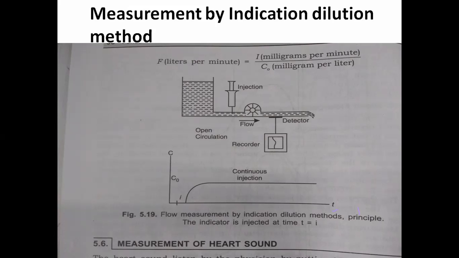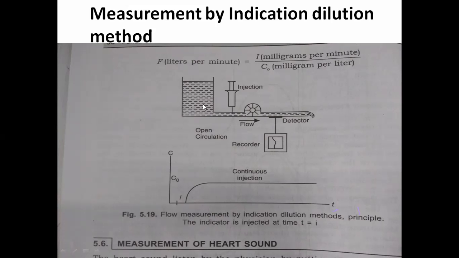C naught is in milligrams per liter for a given amount of blood. Suppose it is in liters, we can measure how much amount of substance was concentrated. That depends upon the blood flow, how much flow rate is there.